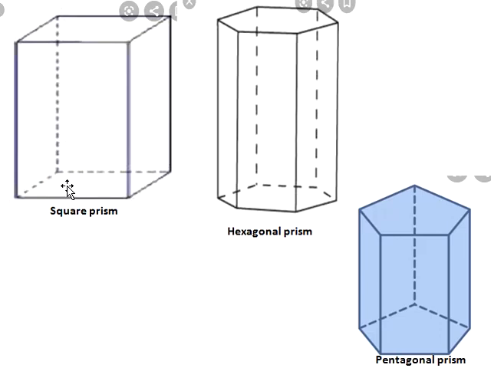One square prism, if you consider, here bottom face is square and even top face will be similar, square. Similarly, if bottom shape is pentagon, it is known as pentagonal prism. If bottom face is hexagon, it is known as hexagonal prism. If bottom face is of circular shape, then it is known as cylinder.